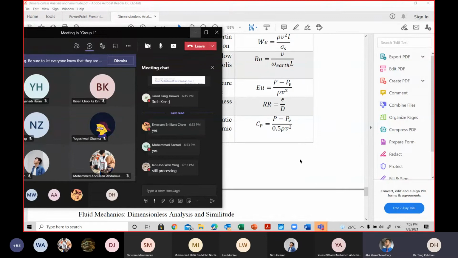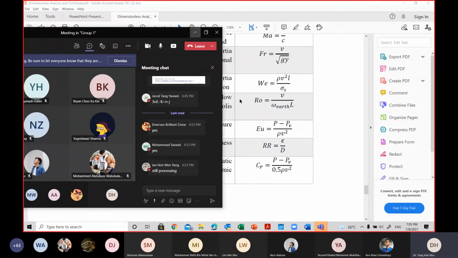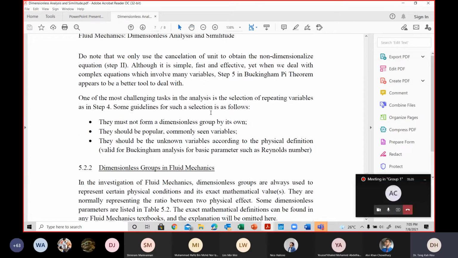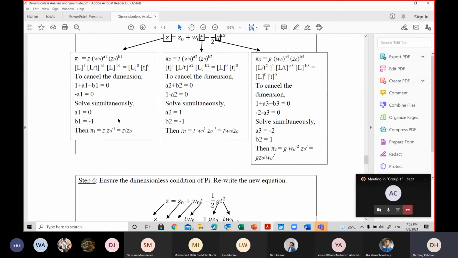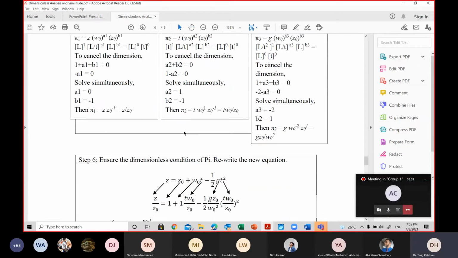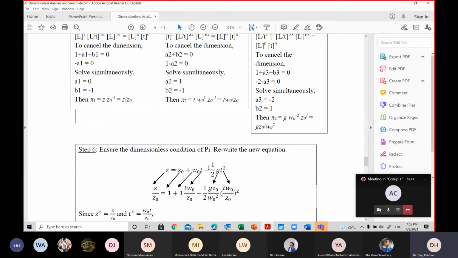Yes or no, class? Okay. So when you look back at these questions, you have nowhere to know there's a half over here if I'm not giving you, am I right? You got only pi 1 equal to this, pi 2 equal to this, and pi 3 equal to this.